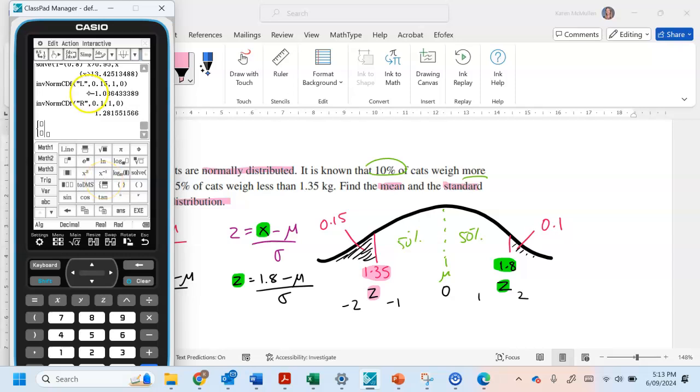So the first one, I'm going to drag that Z-score down, is equal to, let's just set up our fraction, 1.35 minus, I'm going to use x for the mean, over y, which is the standard deviation. And then we do the same thing, just a different z value and a different x value. What was that, 1.8?